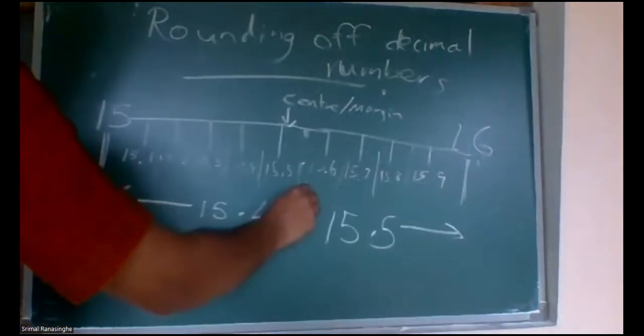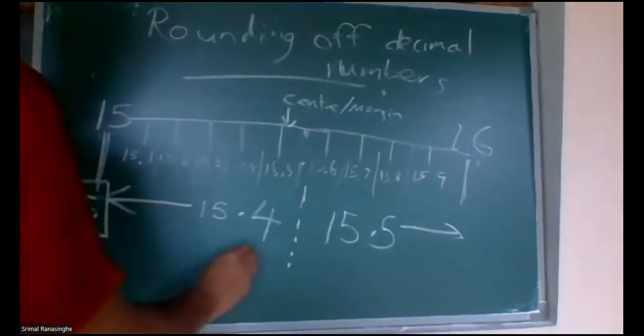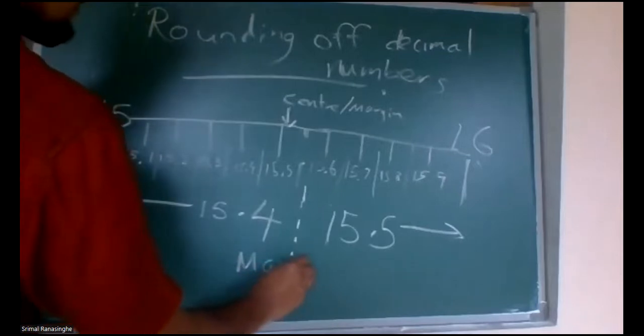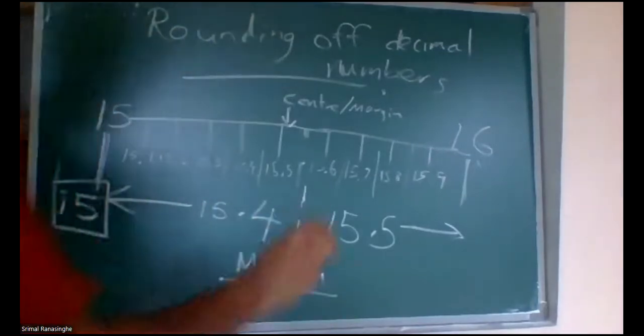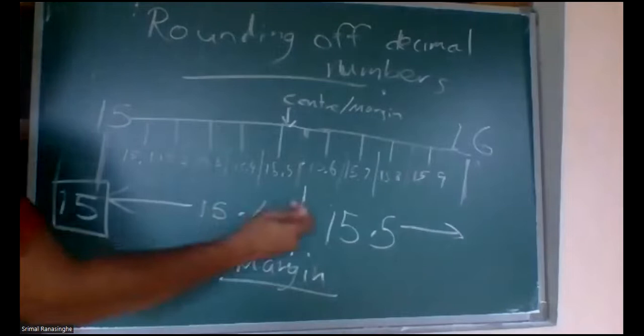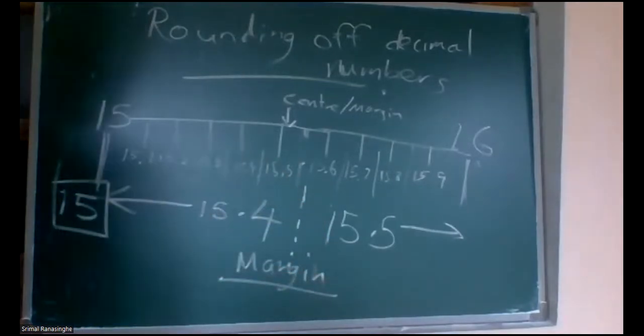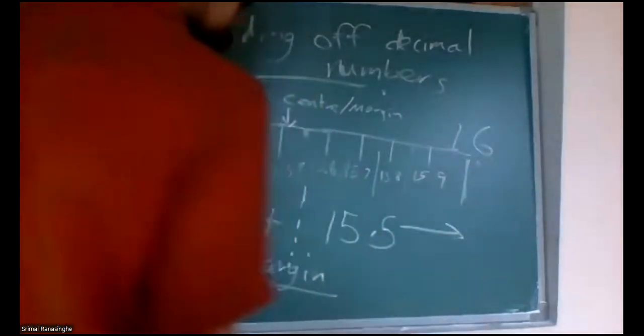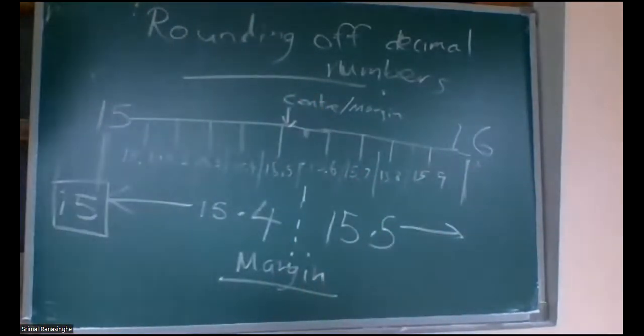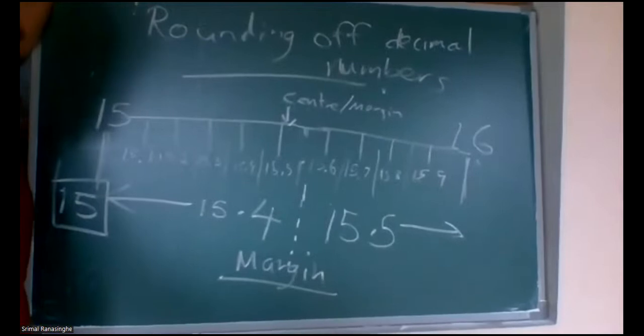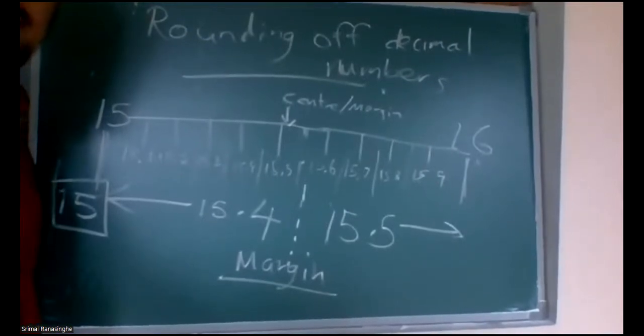So this is the margin of that number pattern. You can copy this down: 0.4 belongs to the previous number, 0.5 belongs to the next number. Understand? I think you can clearly understand this.